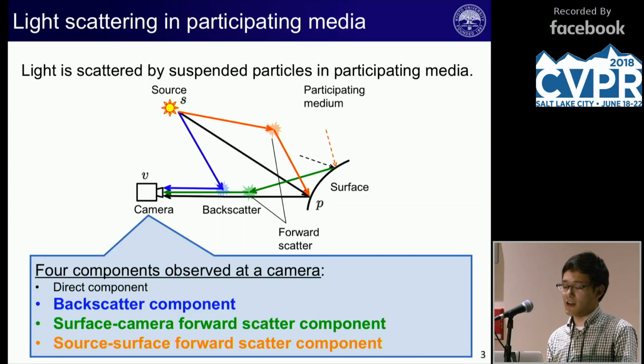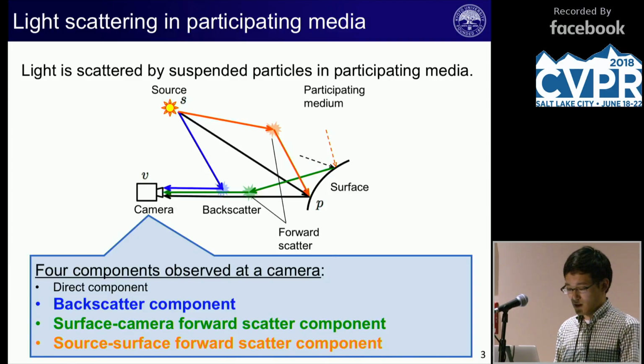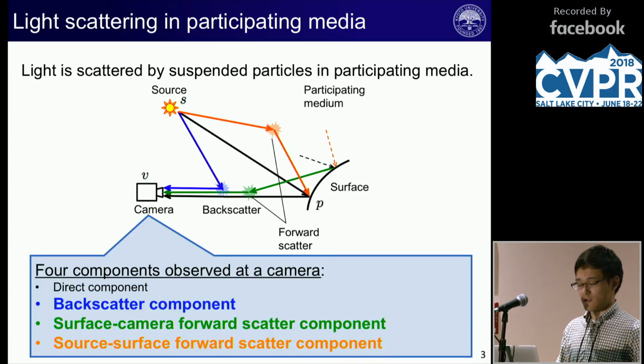First of all, I'll explain the light scattering in participating media. In participating media, light is scattered by suspended particles. So we observe 4 components at the camera. The first one is a direct component. The direct component is directly reflected on the surface and reaches the camera.